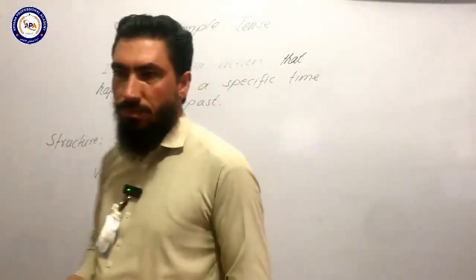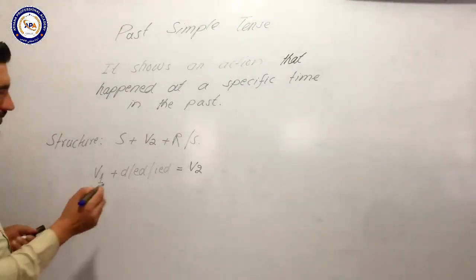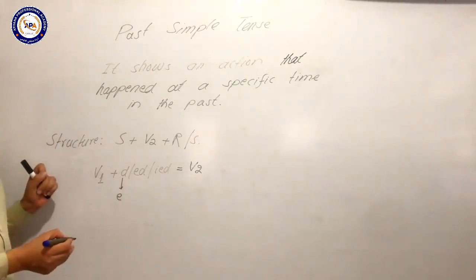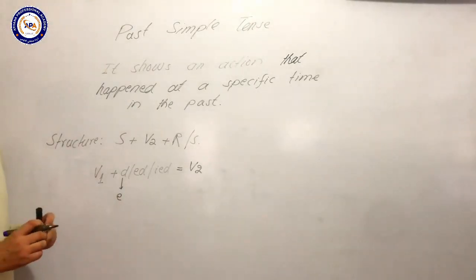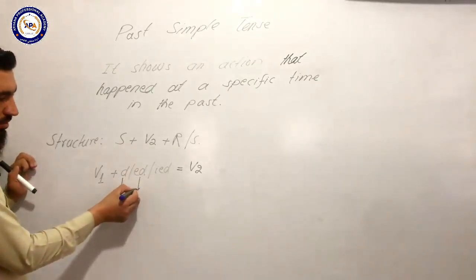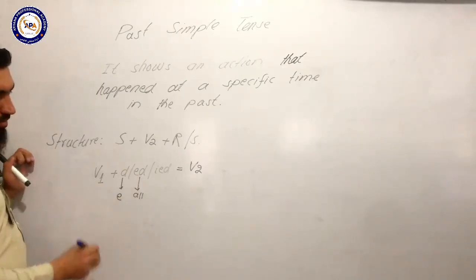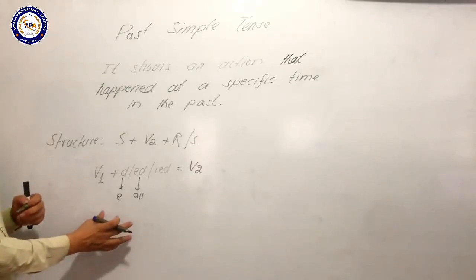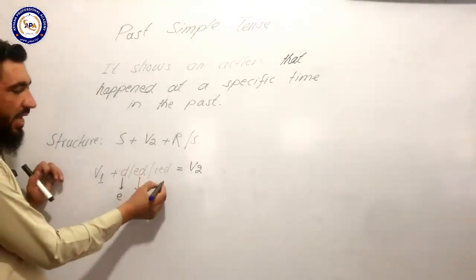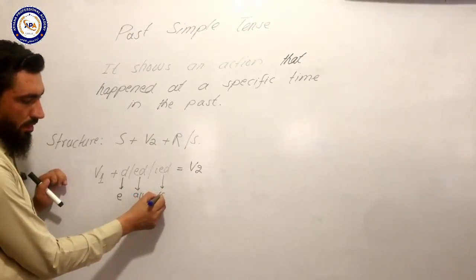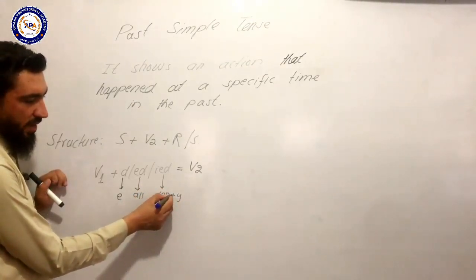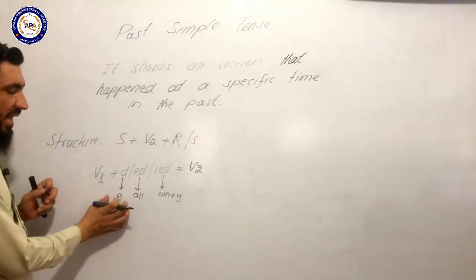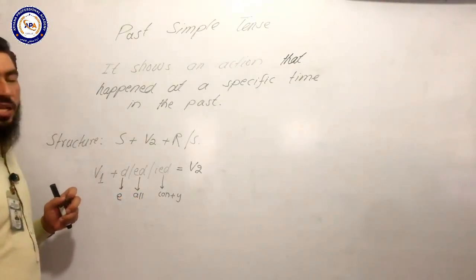A verb that ends in E takes only D. With all the regular verbs, we add ed, except verbs ending in E. And ied is for words that end with consonant plus Y, where we remove Y and add ied. Except this formula and this one, all the rest of regular verbs take ed at the end.